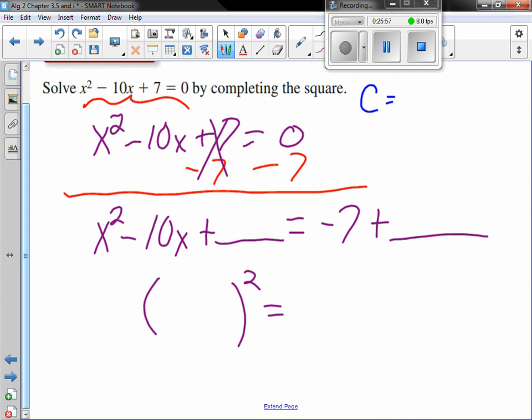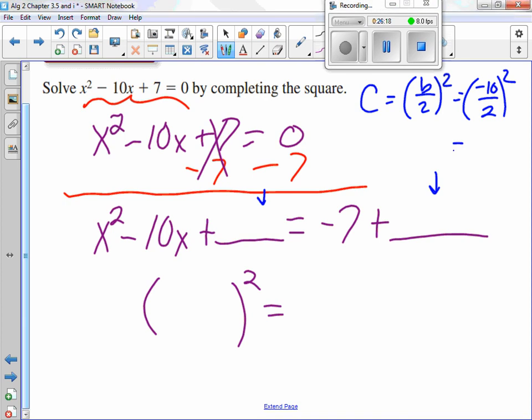Well, c is what? B over 2 squared. So what's our value of b for this equation? Almost, it's negative 10. We have to take the sign with it. Now what's negative 10 over 2? Negative 10 over 2 is negative 5.